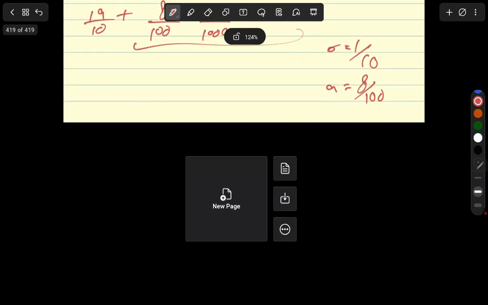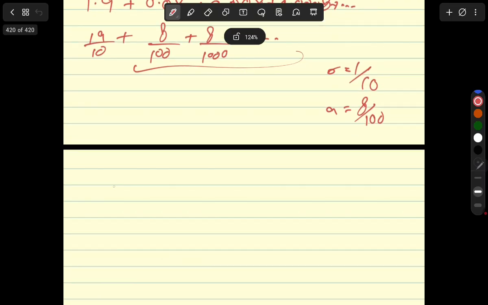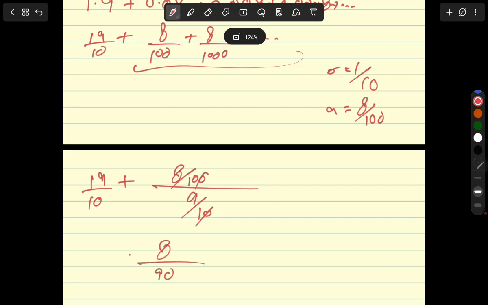So I can easily put it in the formula, which is A, 8 upon 100, upon 1 minus R. R is 1/10, so 1 minus R is 9/10. So this cancels this. So 8 upon 90 plus 19 upon 10.